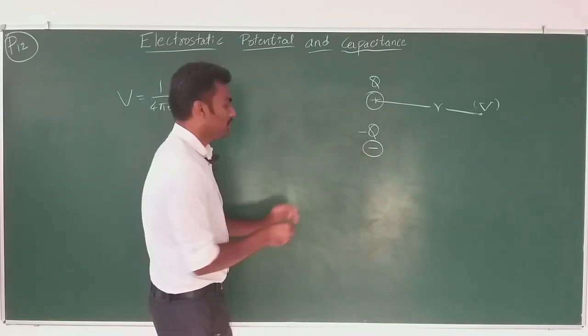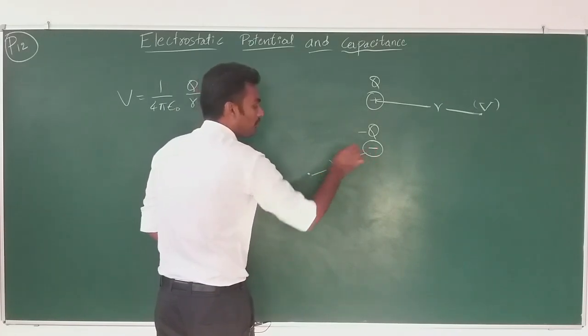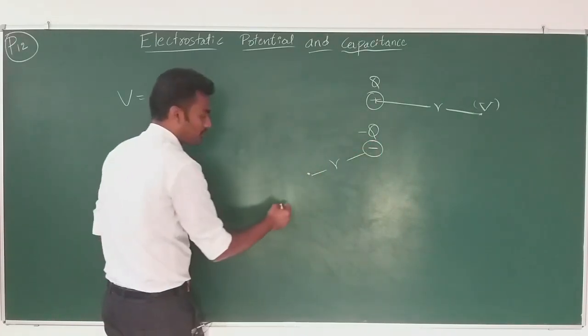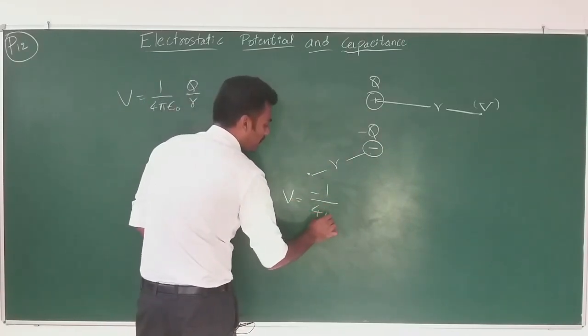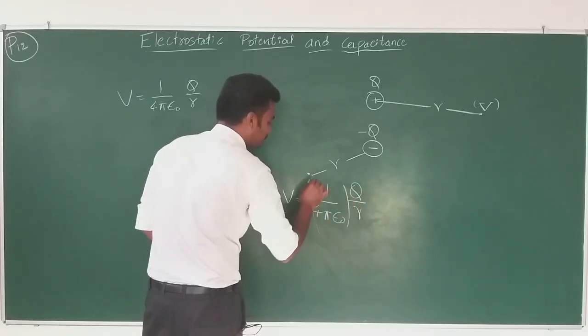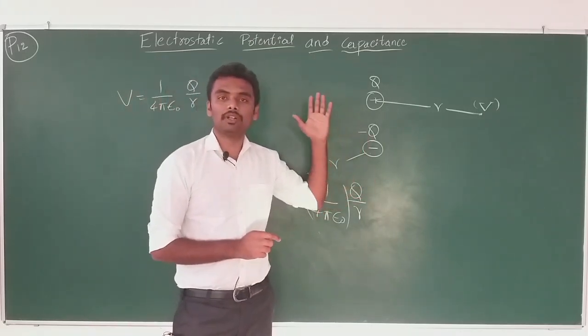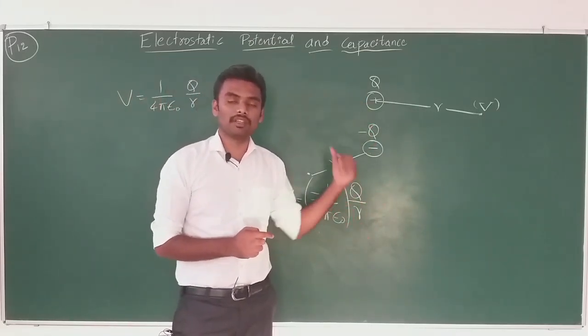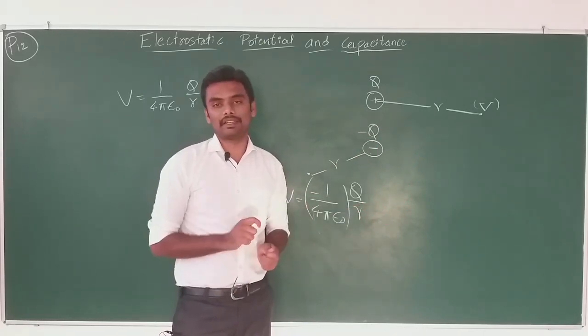So, the potential at a certain point, which is at a distance r from this negative charge minus Q, will be V equal to minus 1 by 4 pi epsilon naught Q by R. Okay, keep that in mind. Potential due to a positive charge is positive, and potential due to a negative charge is negative.